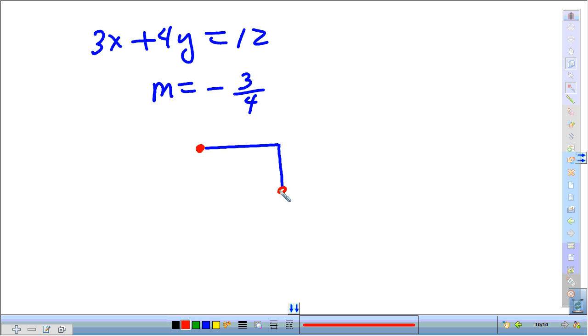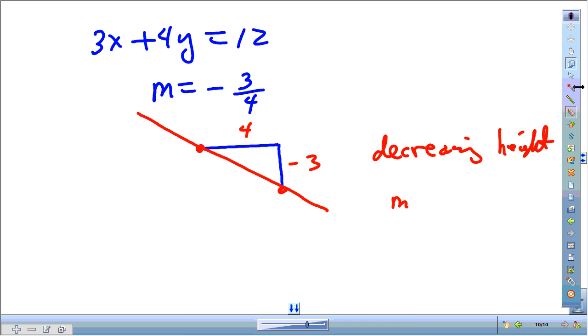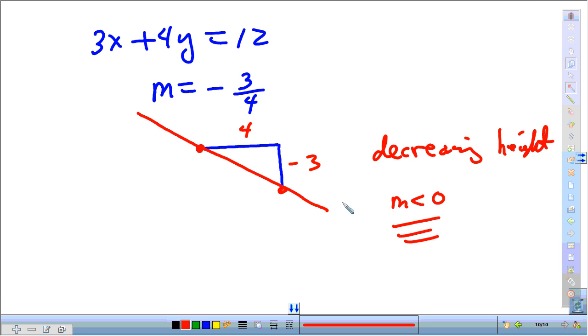So it has to be 4 to minus 3. And so we get decreasing height when the slope is negative. So decreasing line, negative slope; going up, positive slope.